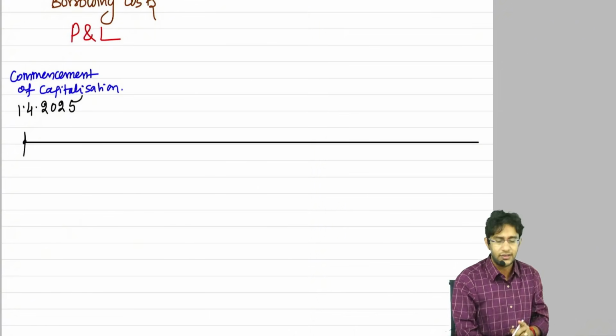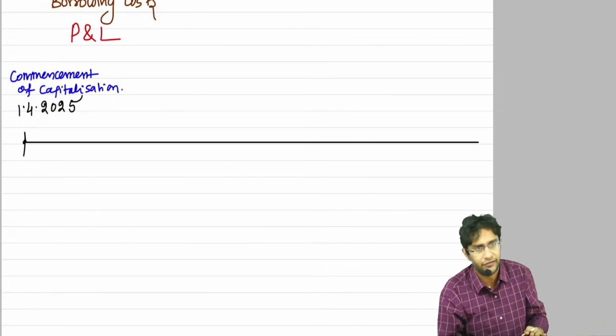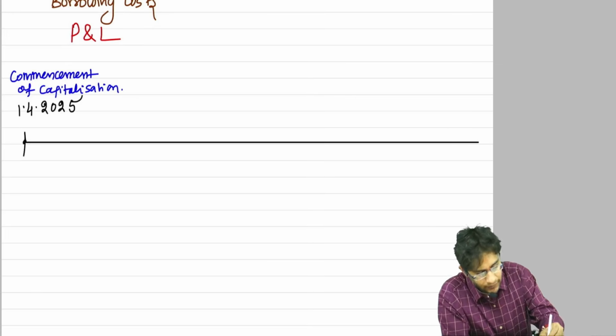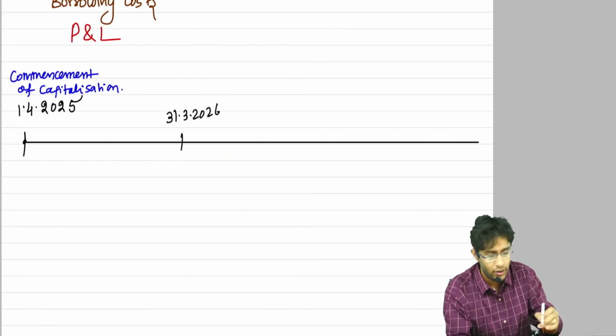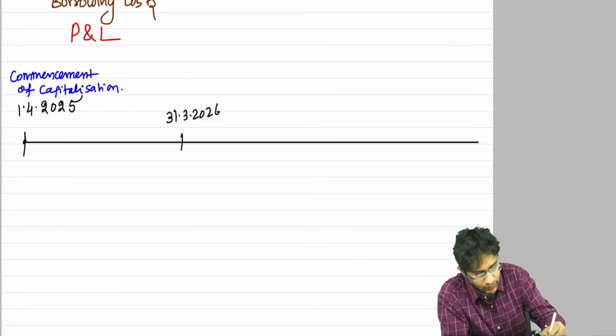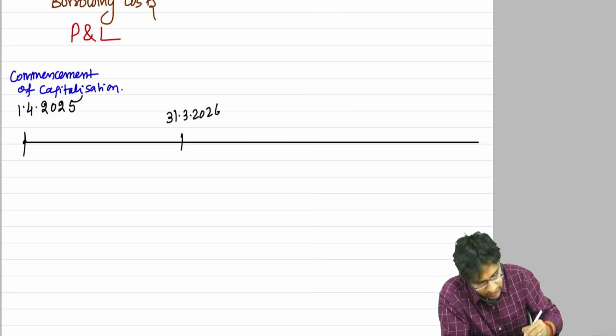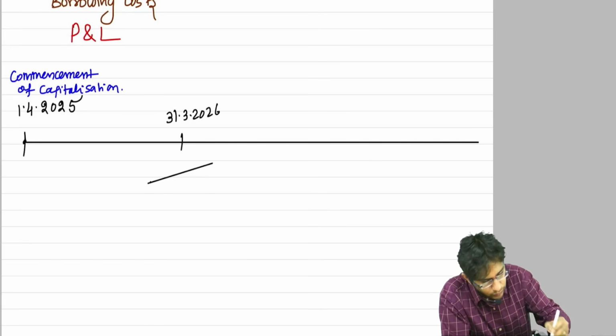All 3 conditions are first satisfied on 1/4/2025. Things went on well up to 31st March 2026. On this date, somebody wrote a letter to you.